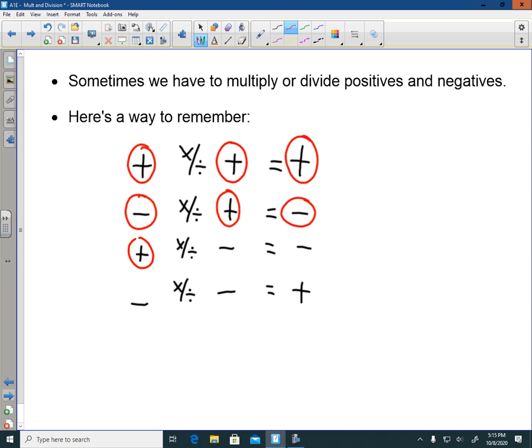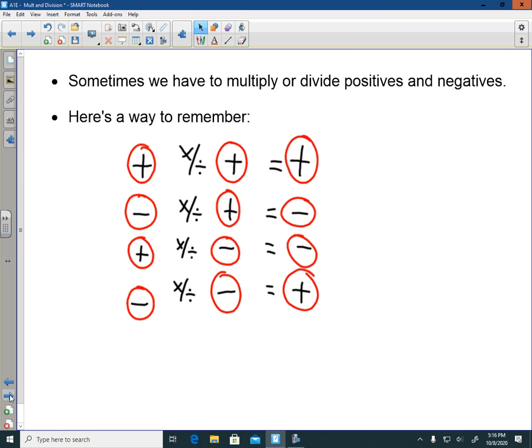When good things happen to bad people, that's bad. But when bad things happen to bad people, that's good. Maybe that's a little bit mean, but it helps me remember. Whenever you're multiplying and dividing, these rules are going to apply, and so there's something to know and a little way to remember them.